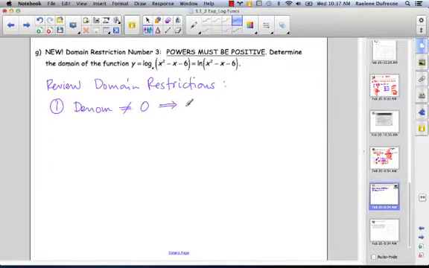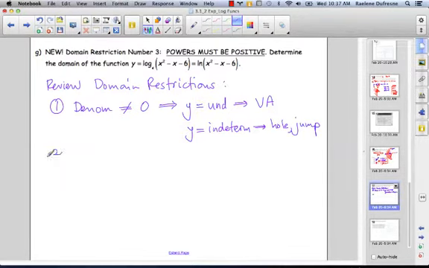If so, we end up with things like y is undefined, which produces a vertical asymptote of the graph, or y is indeterminate, which so far produced holes or jumps in the graph. The second domain restriction was that radicands of even roots had to be positive or 0.